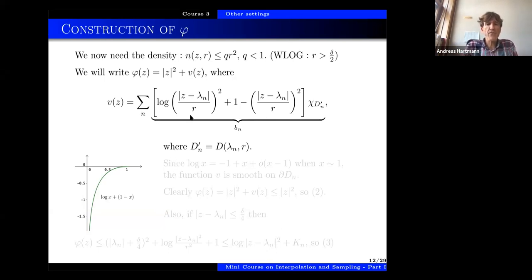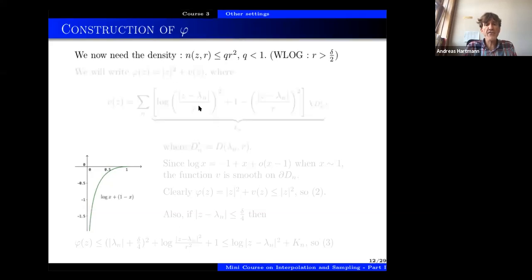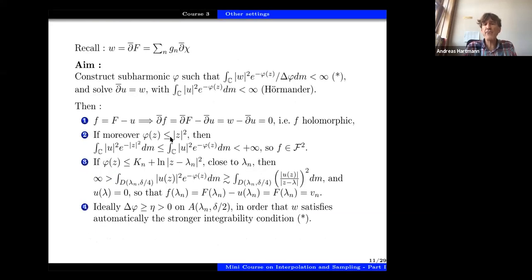So if I take the logarithm, I subtract essentially the first order Taylor expansion. I've drawn the graph of the function log x plus 1 minus x. So this is negative. This means phi of z is less than z squared, and so we get this condition for free.